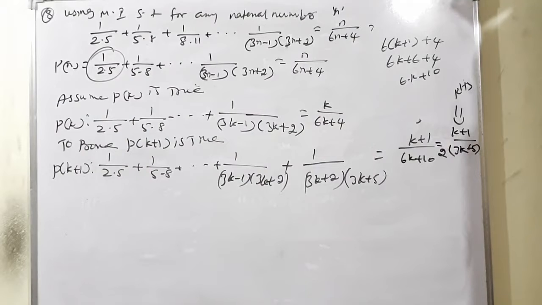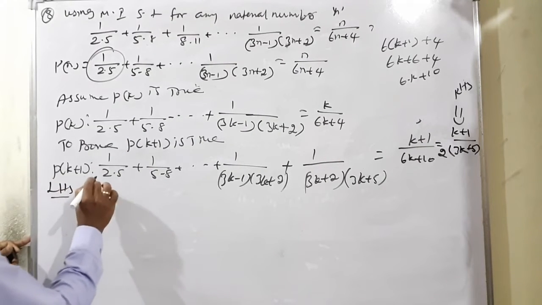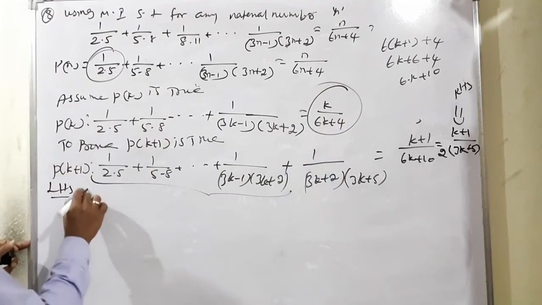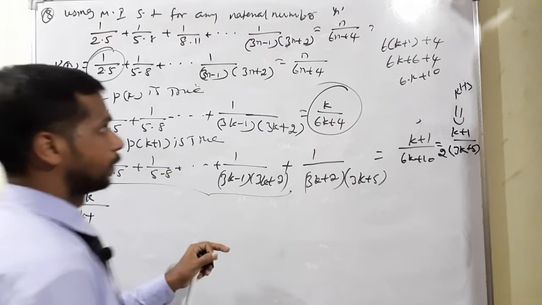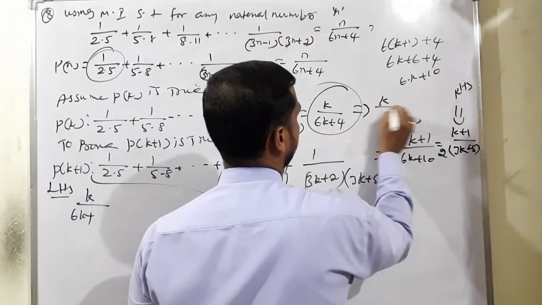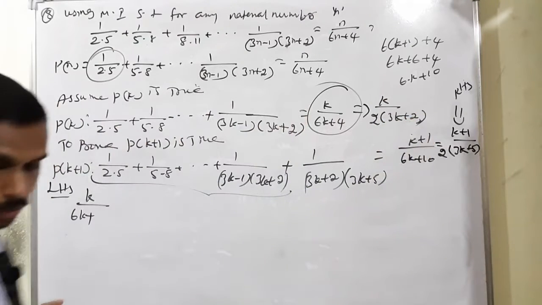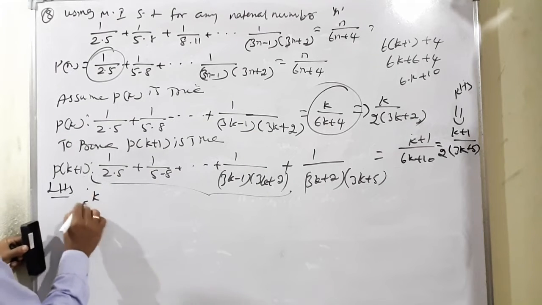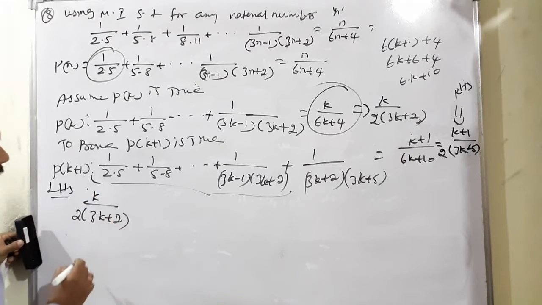The first one, take it as LHS. Instead of up to this we can write k by 6k plus 4, also we can write it k by 2 taking common outside, 3k plus 2, isn't it? So here k by 2 inside 3k plus 2.